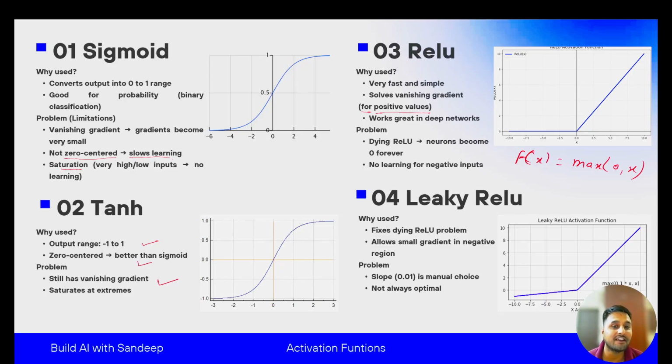That is called the dying ReLU problem. I already showed you in my previous video that this is a neural network. Let's take a simple network. If this neuron gets a negative value, then it stops learning forever. It becomes dead. That is called the dying ReLU problem.